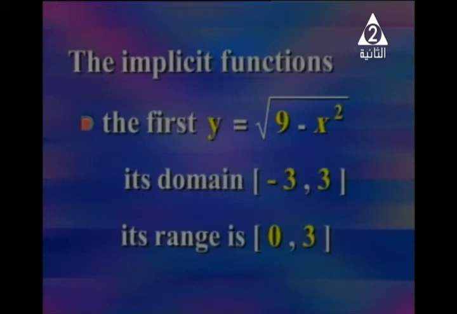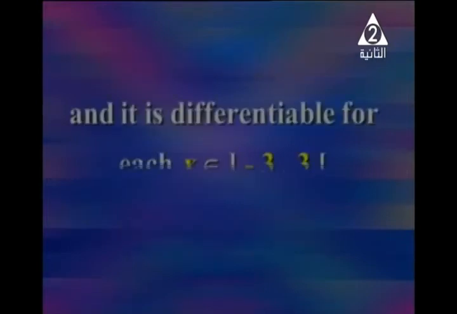The smallest value is 0 and the maximum value is 3. But y is differentiable for x belonging to the open interval negative 3, 3. Why? Because when x equals negative 3, the function equals 0, and when x equals 3, the function also equals 0.